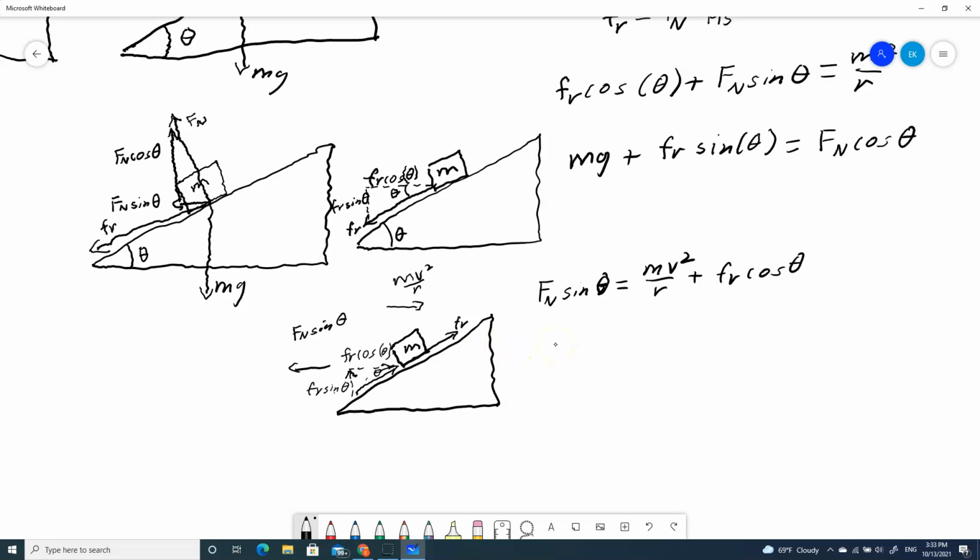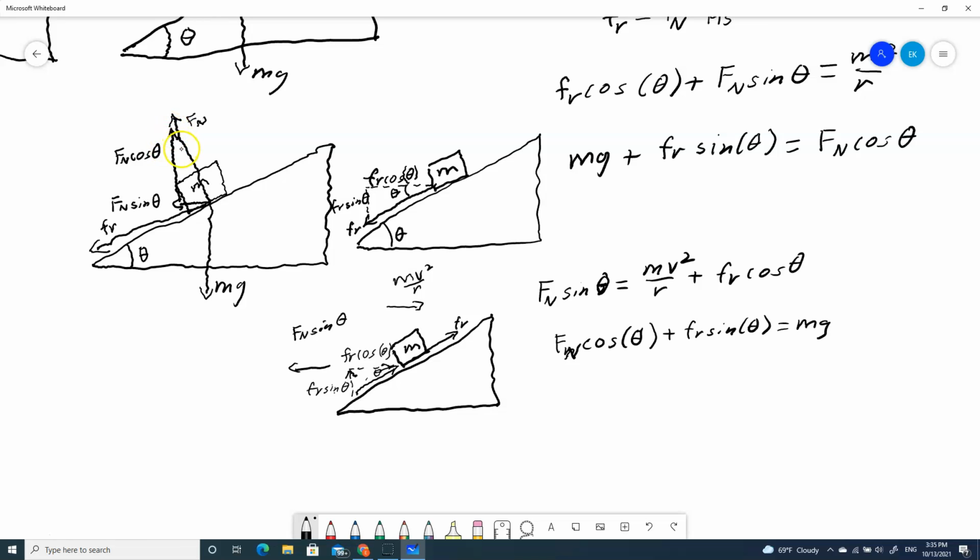Well, vertically what happens now is that, F_N cos θ.